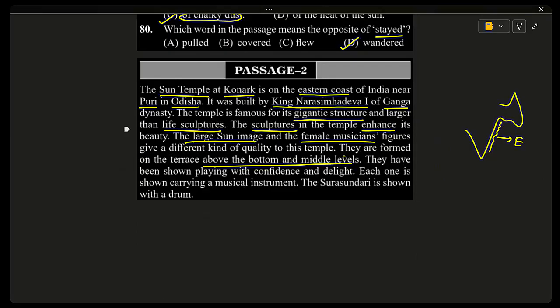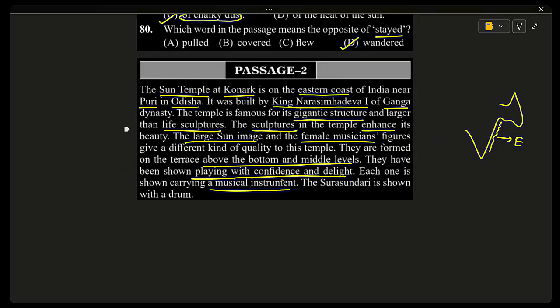They have been shown playing with confidence and delight. They are playing the music with confidence and delight. Each of those female musicians is shown carrying a musical instrument, each a different one. The Surasundari is shown with a drum.